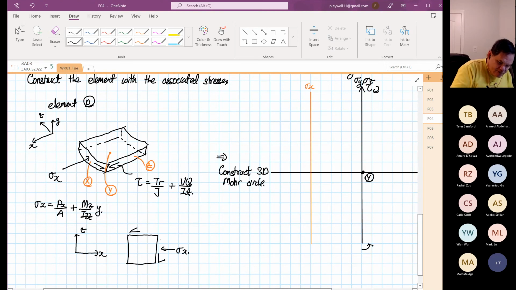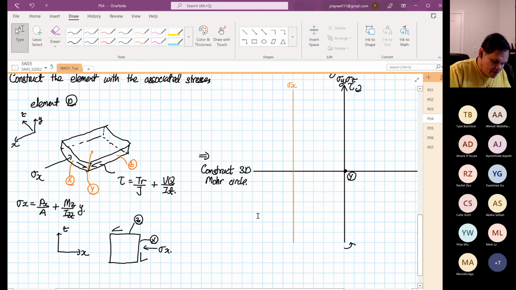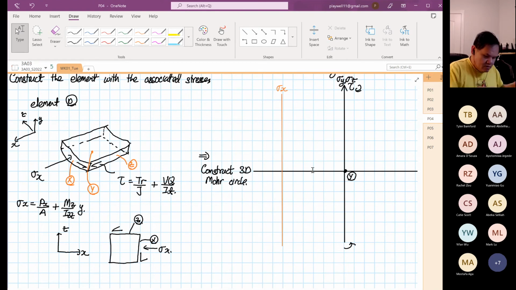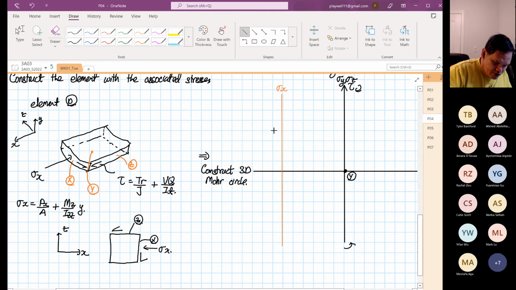So this is my point X, and this is my point Z. Then they have shear stress. For simplicity's sake, I'm going to put this over here. Then from here, we know that we have a shear. Okay, so hold on. So we have shearing stress. This is our shearing stress magnitude.